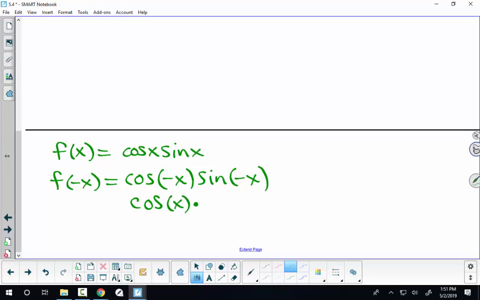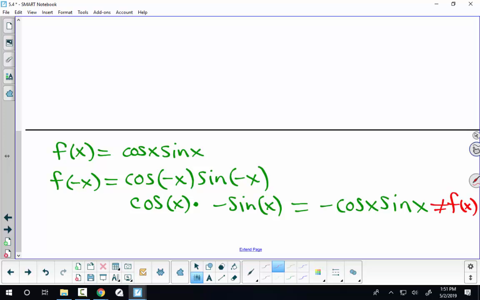Since sine is odd, the sine of negative x is negative sine of x. So we have cosine times negative sine, which is negative cosine sine. That's definitely not the original function, so sine times cosine is not even.